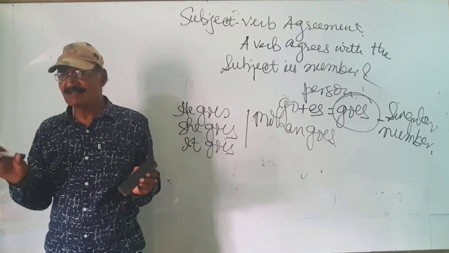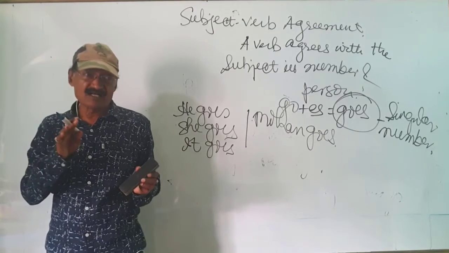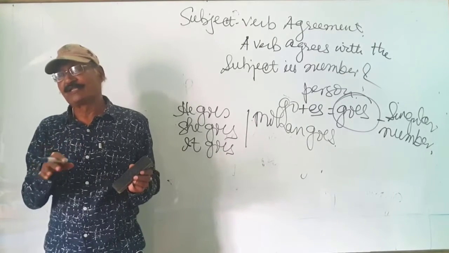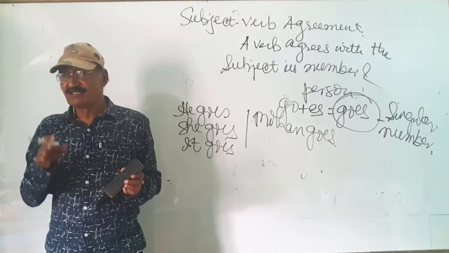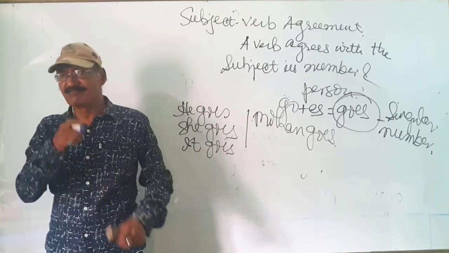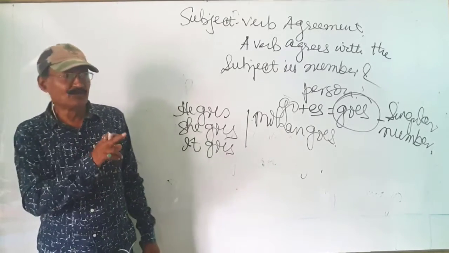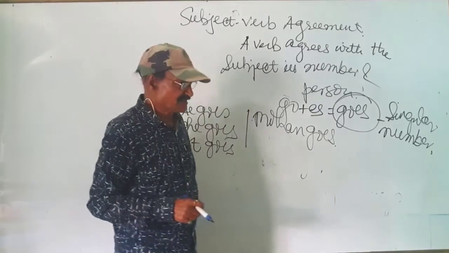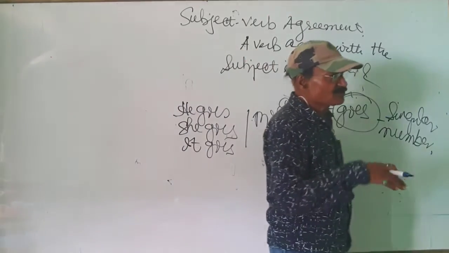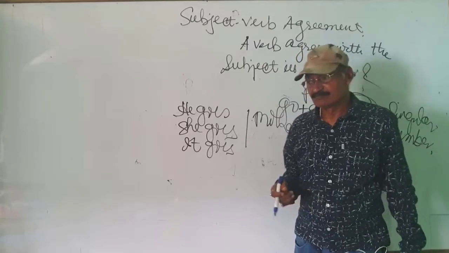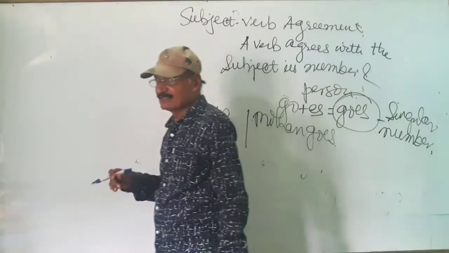Did you get the point? It means with I you can use a plural verb, with we a plural verb, with you a plural verb, and with they a plural verb.